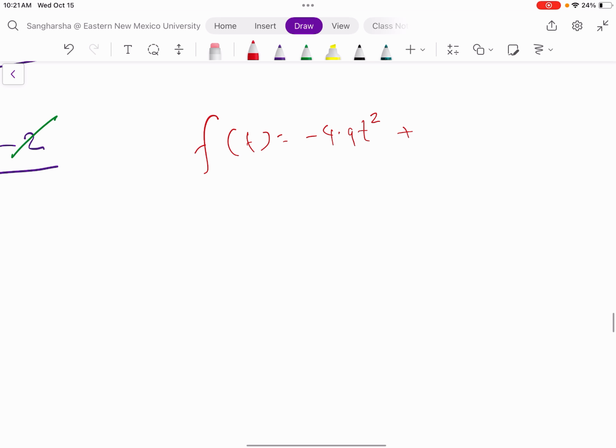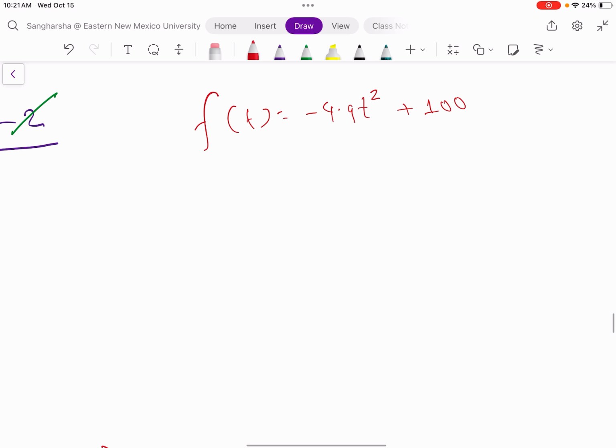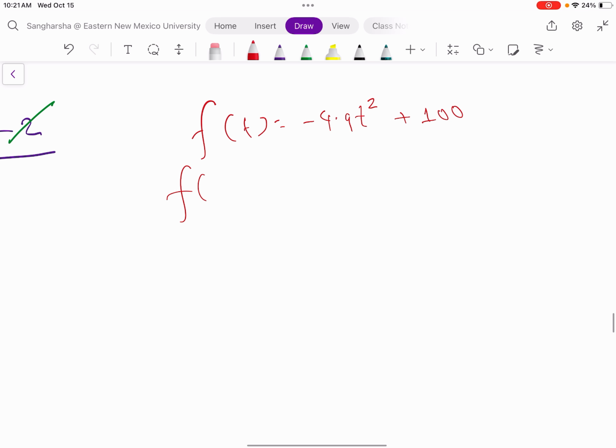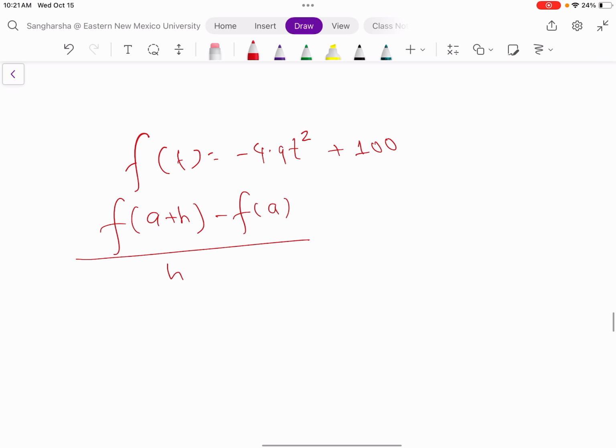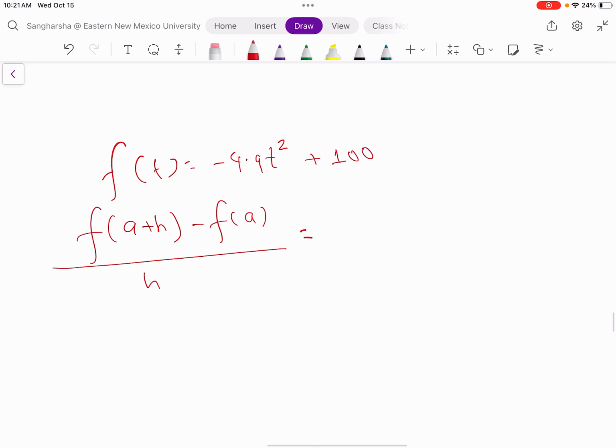And we are asked to find the difference quotient, defined as f of a plus h, minus f of a, divided by h. So this is page 18, part B.